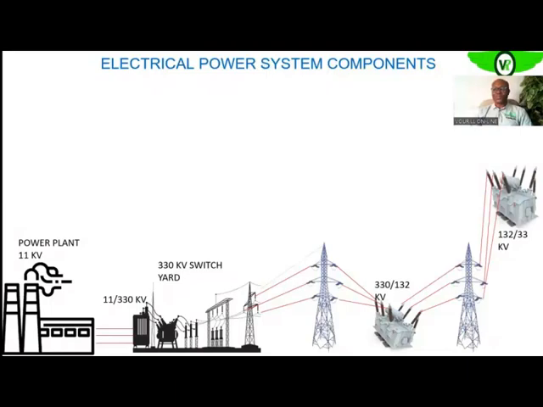That 132 will now also be sent along the transmission line, which is the sub-transmission line, to another substation. It is actually a transmission substation because that is where the transmission section of the power system ends.